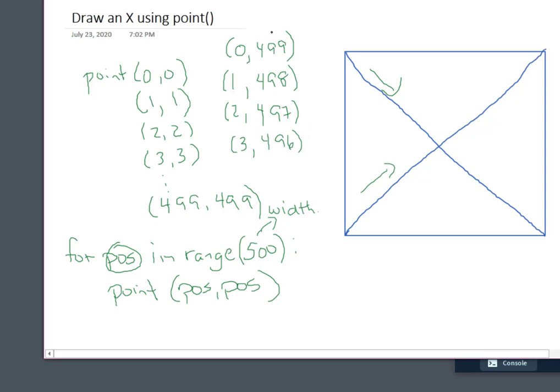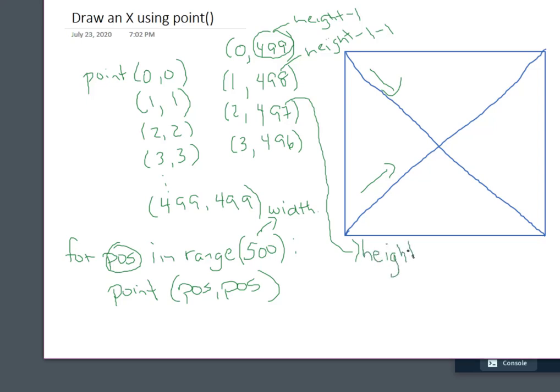Well, I start with the height of my screen, minus 1. The next Y value is the height minus 1 minus 1. The next one, sorry, this is getting messy, would be height minus 1 minus 2.